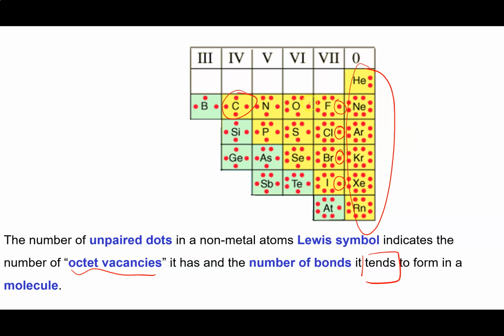The elements in group 6A all have 2 unpaired dots, and they all tend to make 2 bonds. 5A, 1, 2, 3, they all like to make 3 bonds. Now you will see exceptions to these rules, but most of the time the number of octet vacancies equals the number of bonds that that atom will make when it forms a molecule.